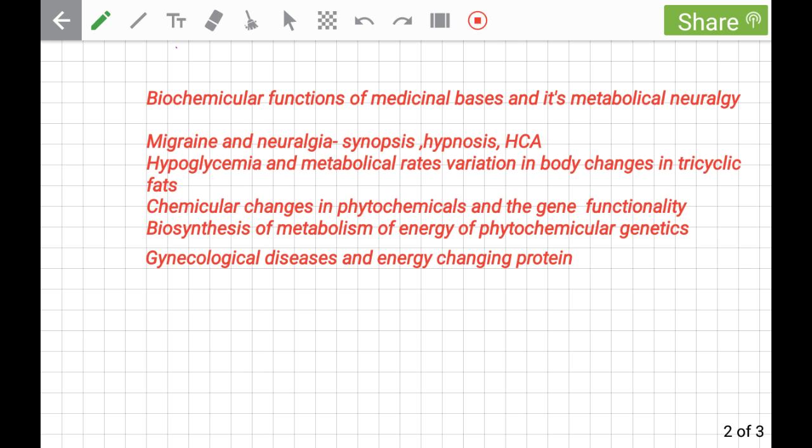The phytochemicals such as marubinol and other bisindol and other chemicals release the harmonical changes in the body. So gynecological diseases and other energy changing proteins.